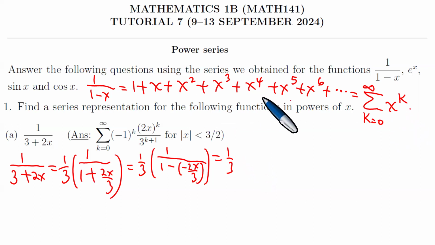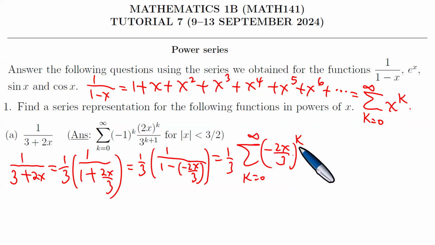You can write out the terms, you can write it in two ways. But the easiest is to write the sigma, because it's already 1 over 1 minus x. This thing is our x, and our x becomes, therefore, negative 2x out of 3.